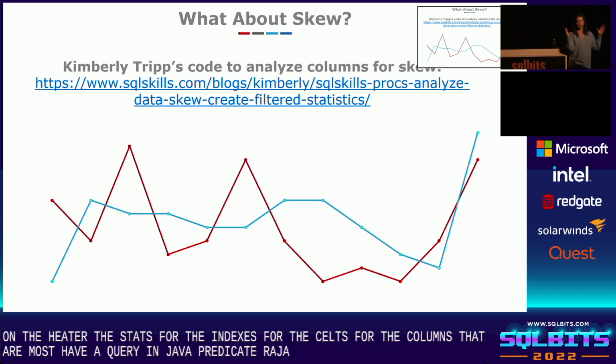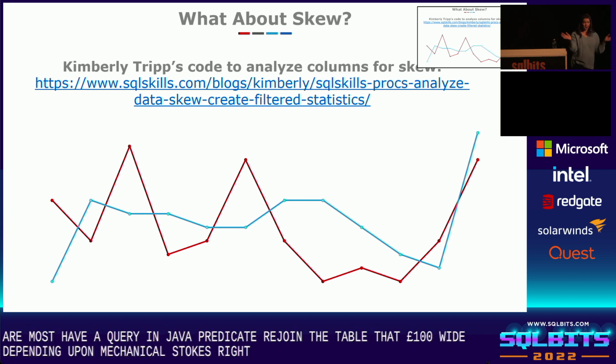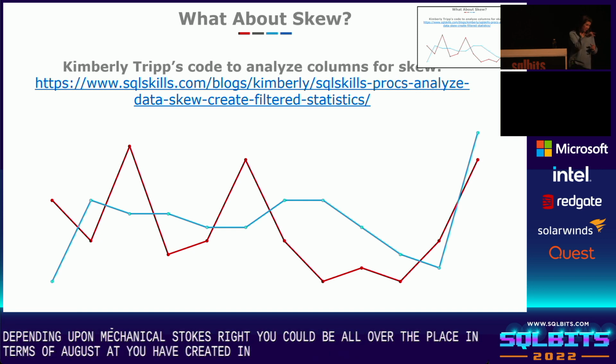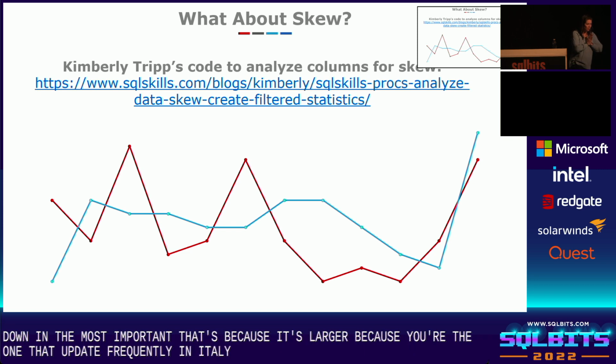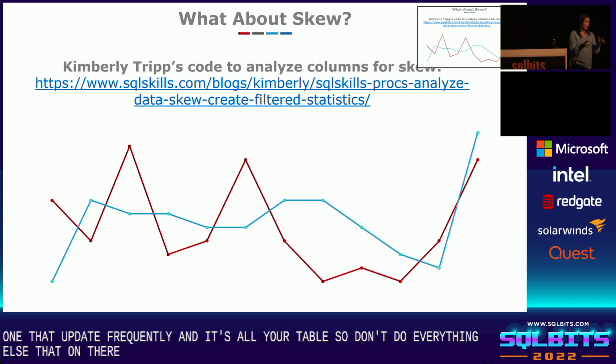If you have a table that's 100 columns wide, depending upon what kind of queries folks write, you could be all over the place in terms of all the stats you have created. In that case, you need to drill down into the most important stats because it's a larger table, and you're going to run that update frequently. So don't do every single stat on there.